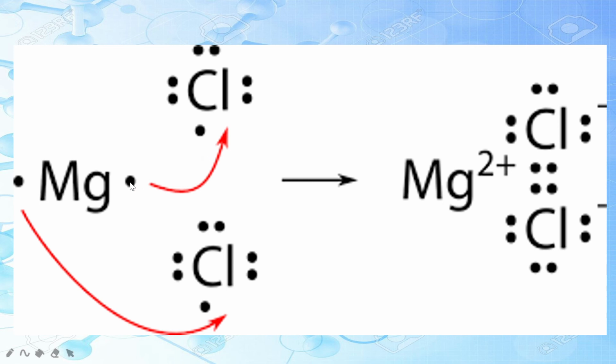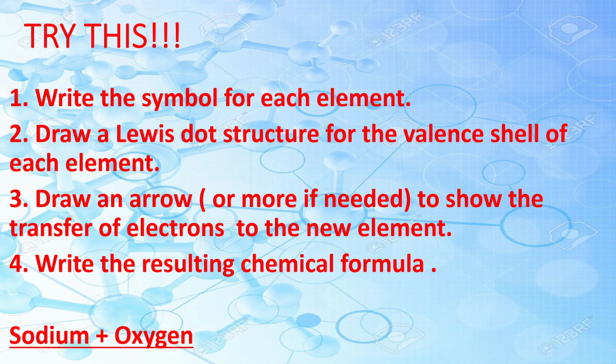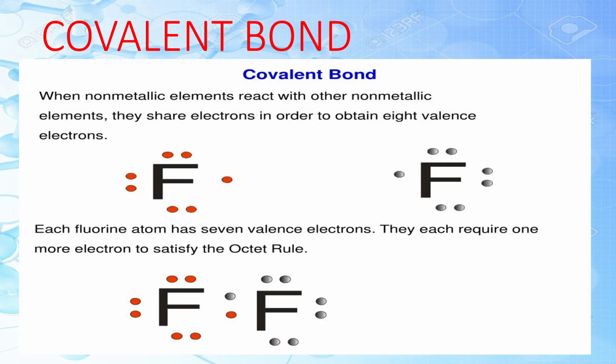So now magnesium gives an electron to one chlorine and another to the other chlorine. Now, it will become magnesium 2 positive. Why 2? Because 2 electrons are released. And chlorine will become negatively charged and will become stable, following the octet rule.